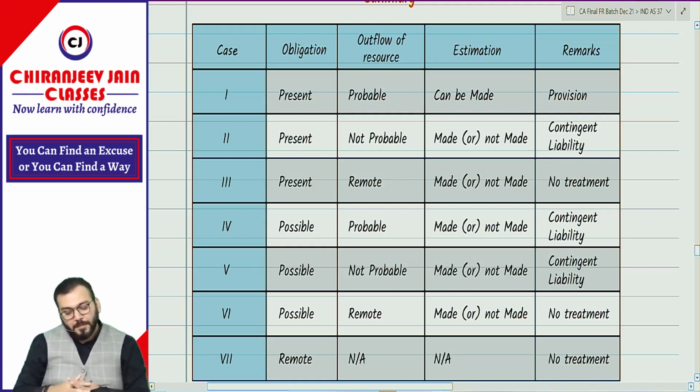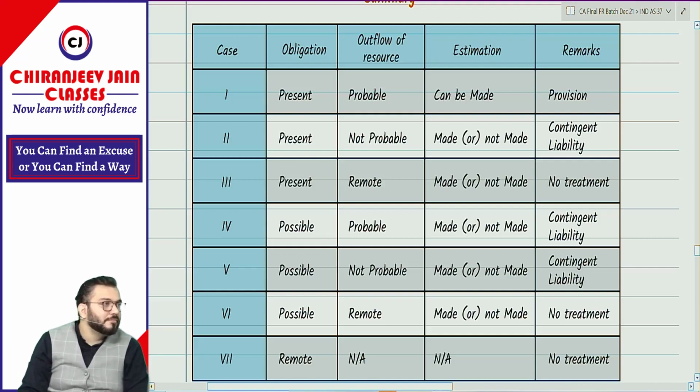NA means not applicable. Once the obligation is removed, the other two conditions are not needed now. Obligation is removed, no treatment. Therefore, I mentioned not applicable. Got it? Is it correct?